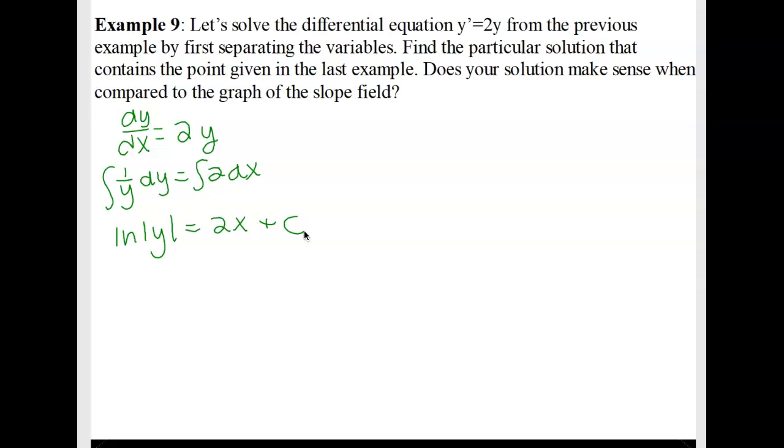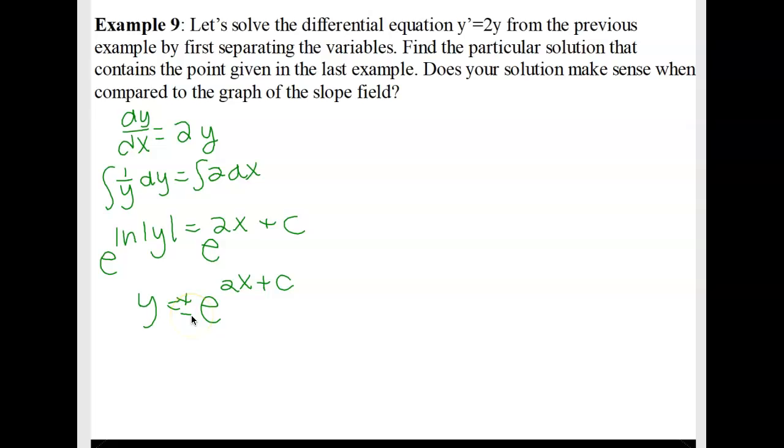So how do you solve for y? E both sides. When you e both sides this time, it's y equals plus or minus e to the 2x plus c.